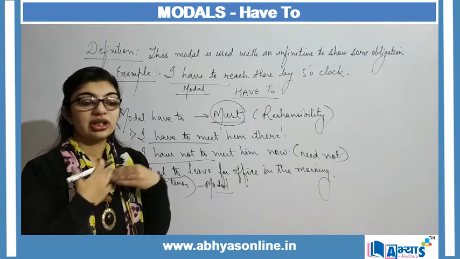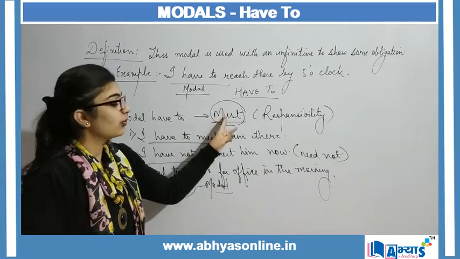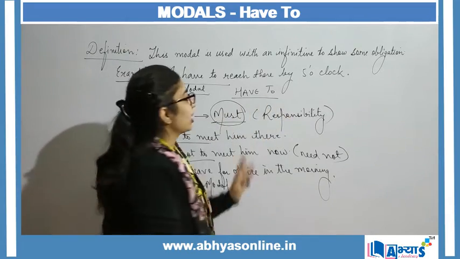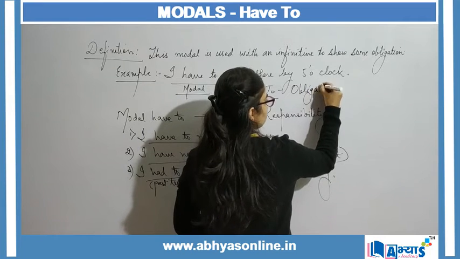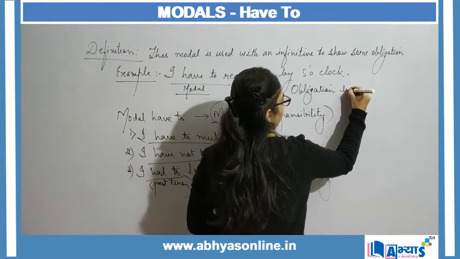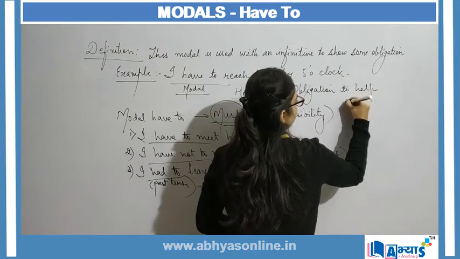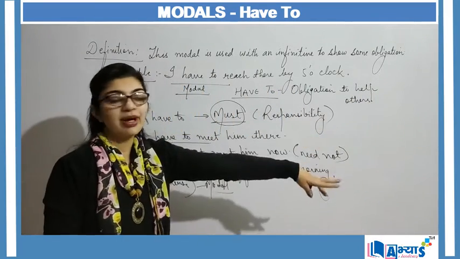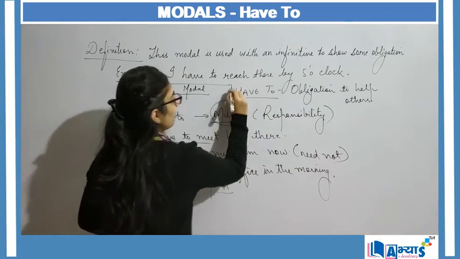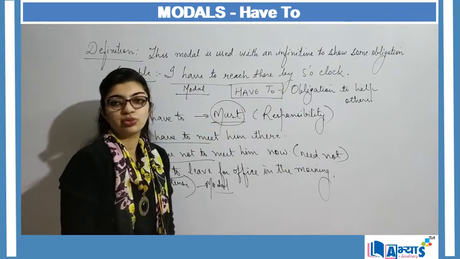My responsibility, your responsibility. But when we are using have to, it shows some kind of obligation to help others. So for obligation to help others, at that time we are making use of the modal have to.